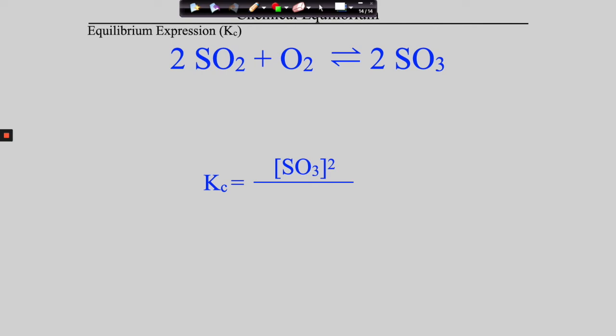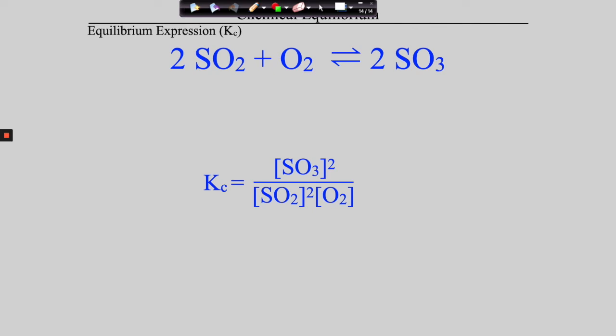So that gives us the SO3. And notice that the coefficient 2 becomes the exponent squared. Then down in the denominator, we have the SO2. Notice that that's squared. And then the O2, which is to the first power, it's understood, it's 1.